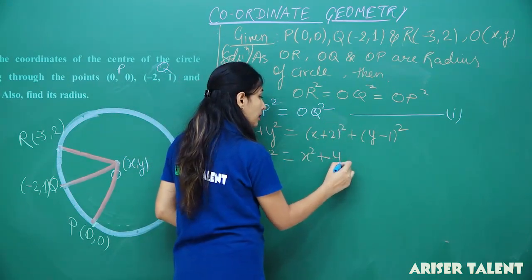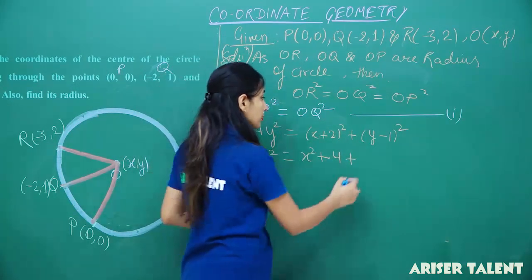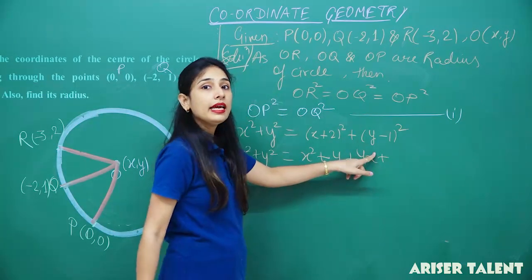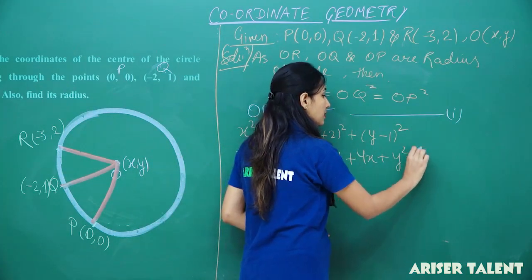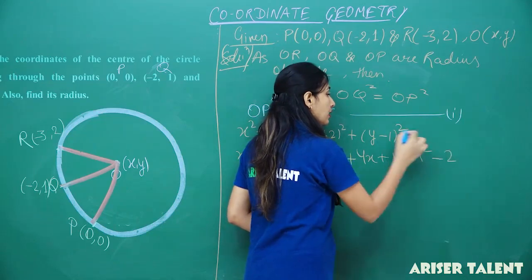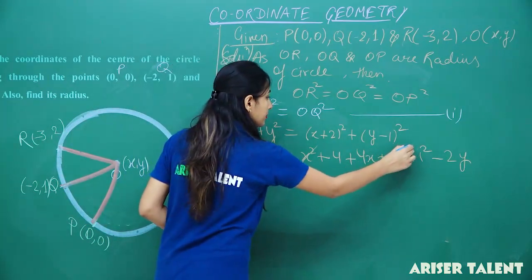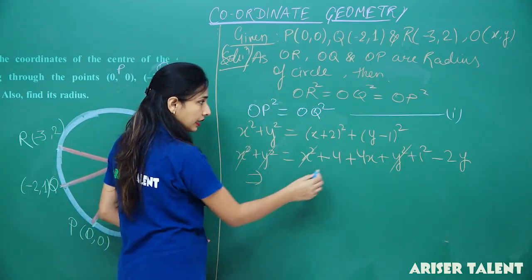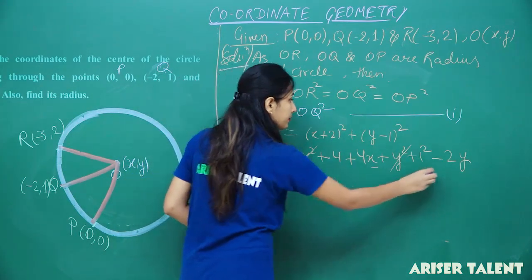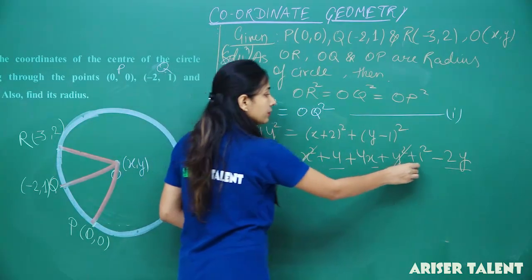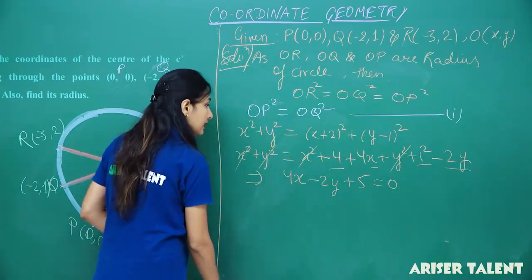Then y minus 1 whole square, a square plus b square minus 2ab, we will open this. Now these will cut, and it becomes 4x minus 2y, and 4 plus 1 is 5, equals 0. This is our second equation.